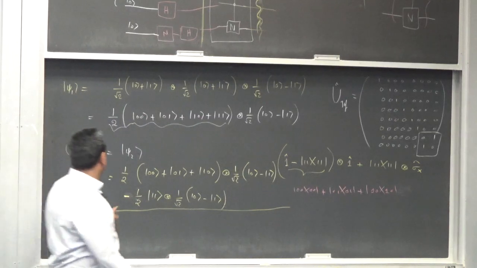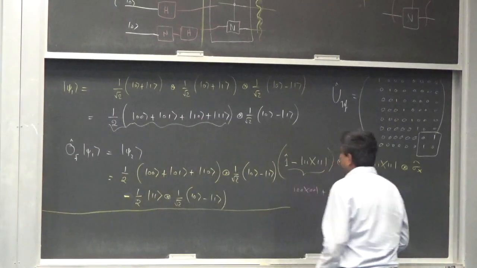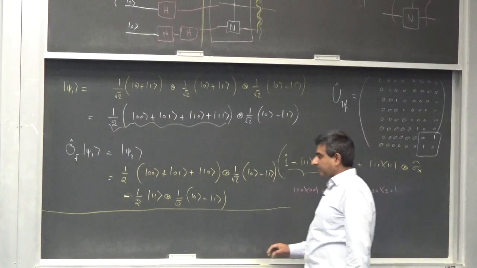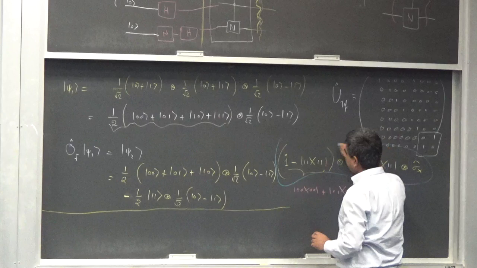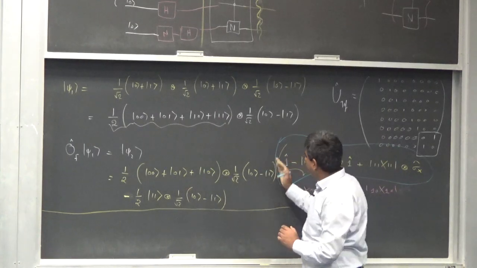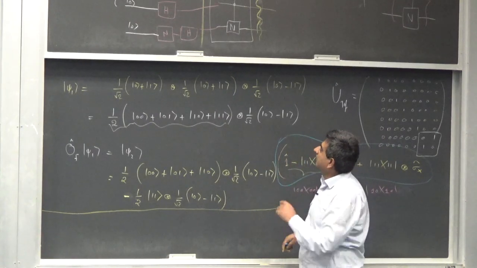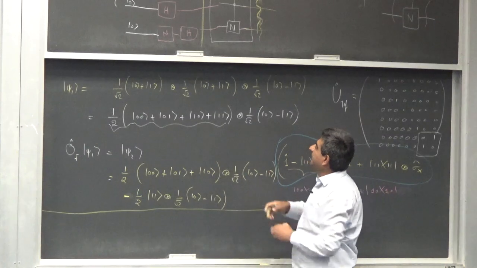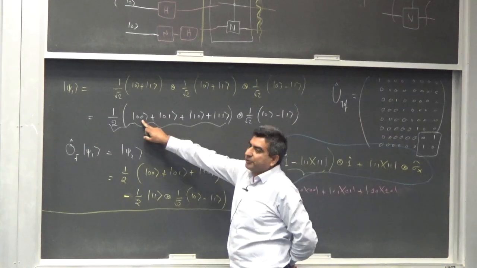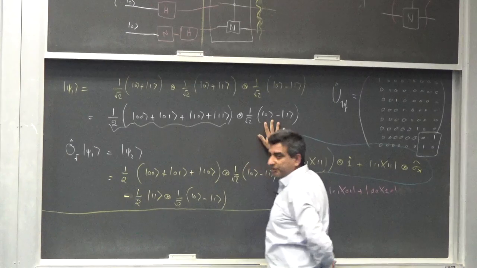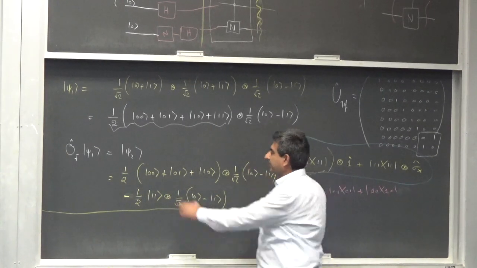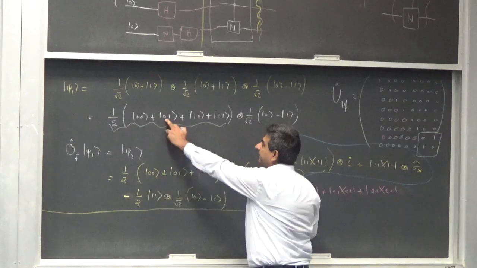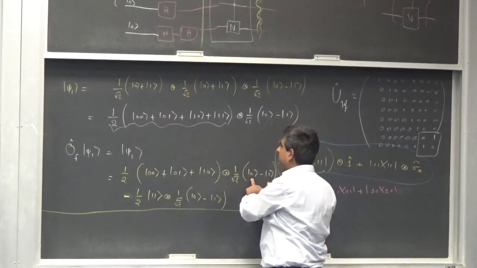So why do I have a minus sign here? Remember that this is a different piece of information. If I expand this, if these are my two qubits, 0, 0, nothing happens to the third qubit.